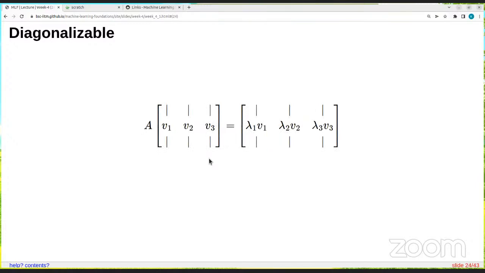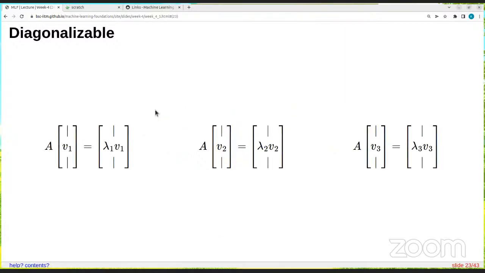Is this transition okay with everyone? Anyone who is not sure why this happened? Didn't get it, sir. Okay. This part is clear: A v1 equals lambda 1 v1.